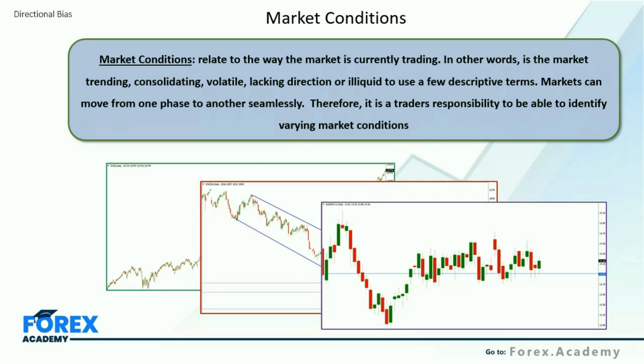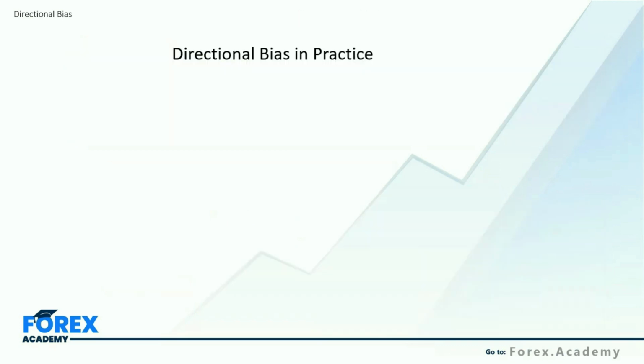So, putting directional bias into practice. How do we go about doing it? We've identified briefly a couple of areas, but we'll document them now. First of all, a visual observation. Understanding that if markets are moving from bottom left to top right, you're in a trending bull market. Top left to bottom right, you're in a bearish market.